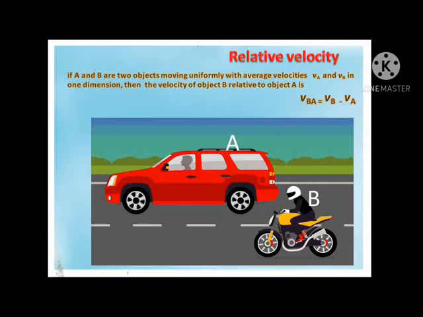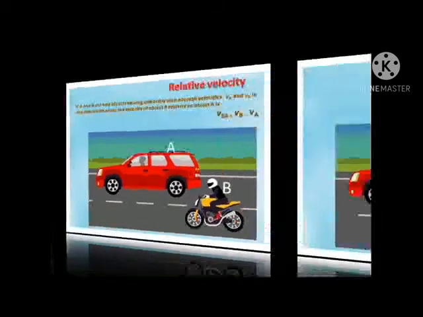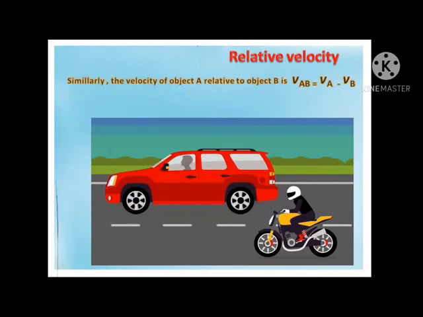Let us take the velocity of B. A person on a bike is moving, and his velocity is measured by a person in a car A. Then the velocity of B with respect to A is VBA, that is VB minus VA. Similarly, a person on a bike measures the velocity of a person in a car, the velocity of A with respect to B, given as VAB, that is VA minus VB. This is the relative velocity.